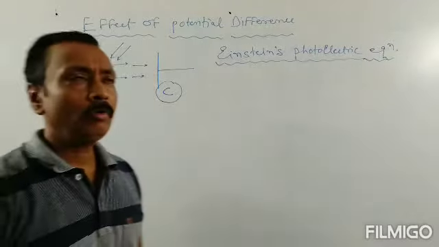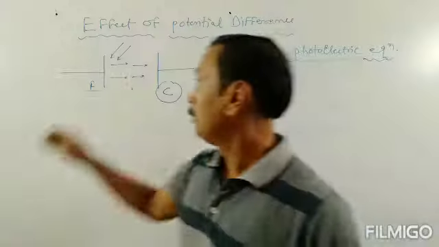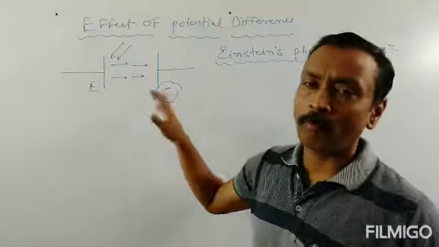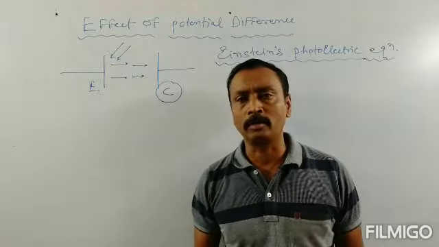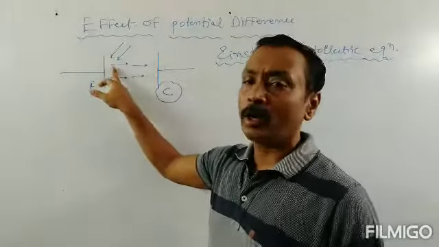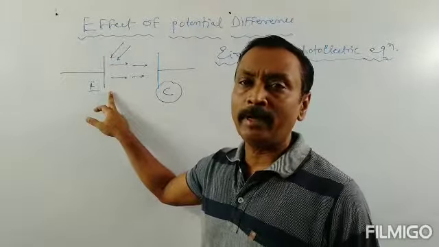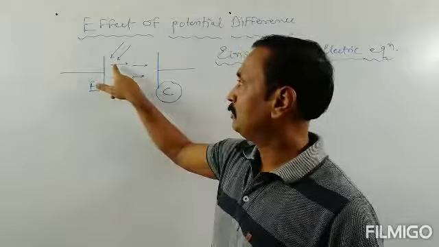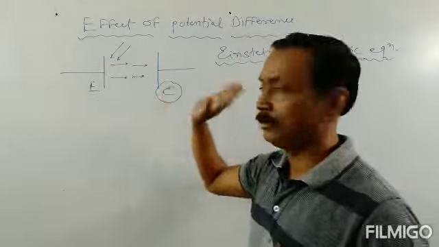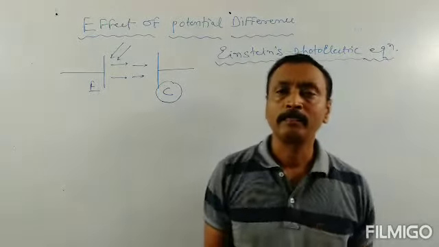Okay, so we look back. This is the emitter plate and this is the collector plate, necessary for the photoelectric current. As we know, when the photon is incident on the emitter plate, a photoelectron is emitted and collected on the collector plate.